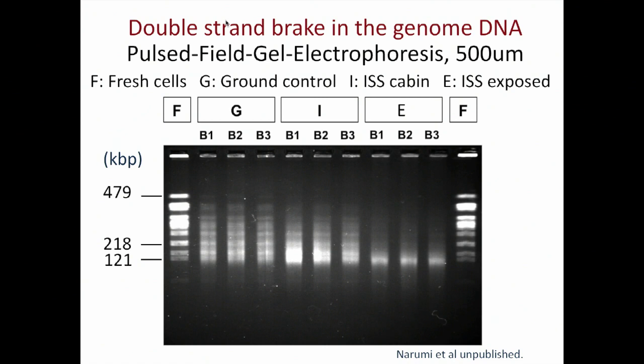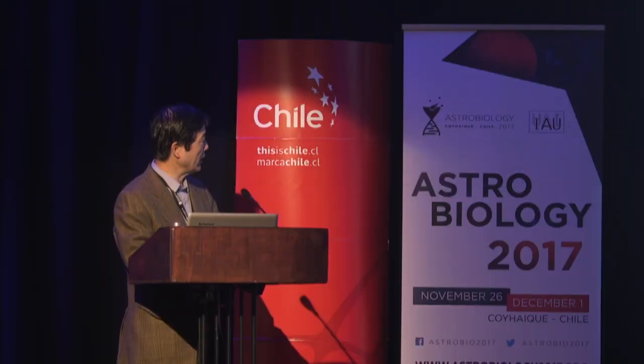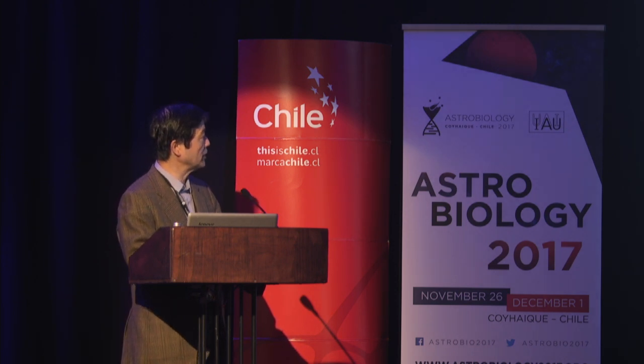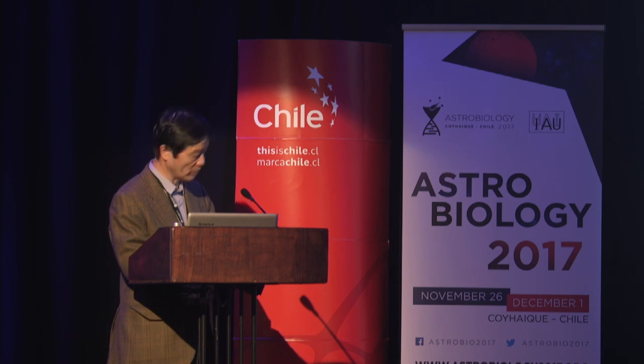Each fragment is showing a fragment of the genome level. Even in the samples stored on the ground, they are destroyed, and the intensity of the DNA fragments is diminished a little bit. And in the ISS, similar can be seen in this lane. And if the sample is exposed, severe damage was observed at the genome level.